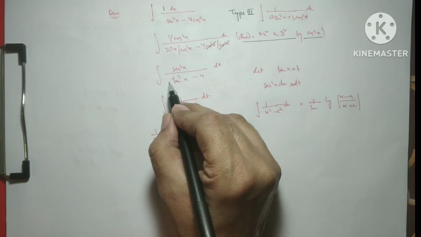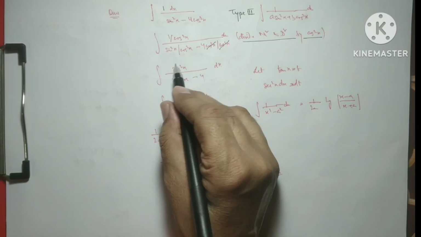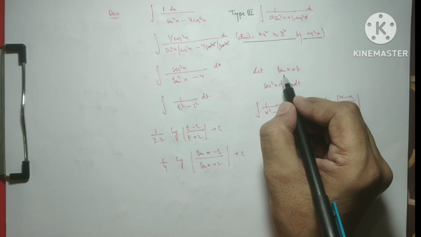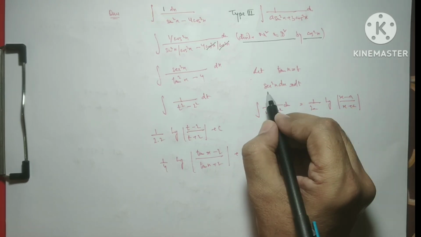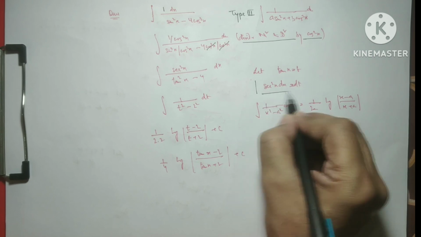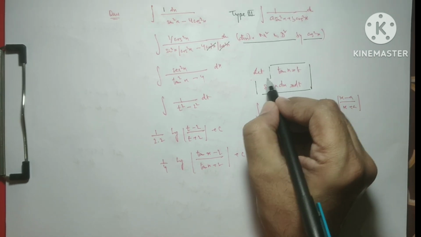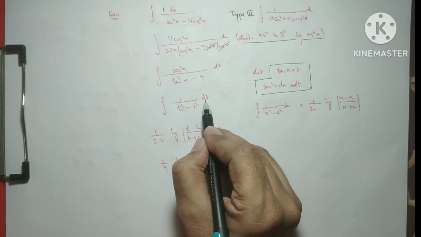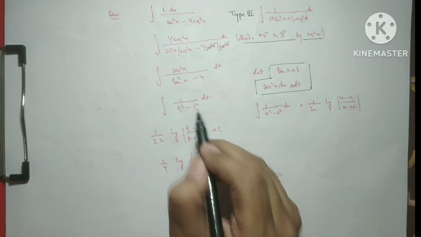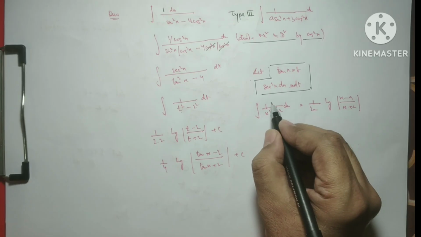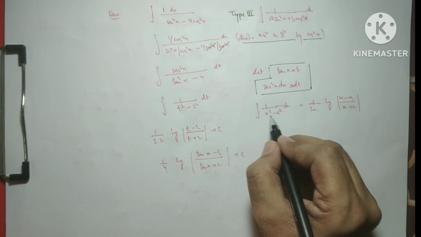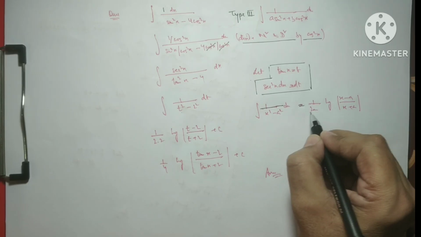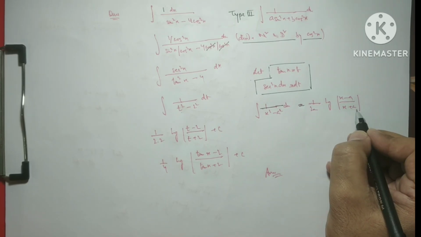So right now the denominator is in terms of tan x and the numerator in sec square x. So we can put tan x as t and we get sec square x dx as dt. So we put these values in this expression. So sec square x dx becomes dt, and this is t square minus 2 square. So according to the special integral formula, 1 over x square minus a square is 1 over 2a log of x minus a over x plus a.